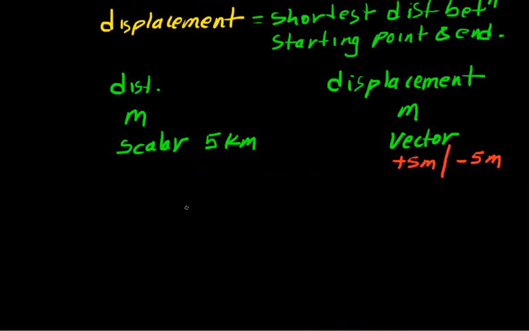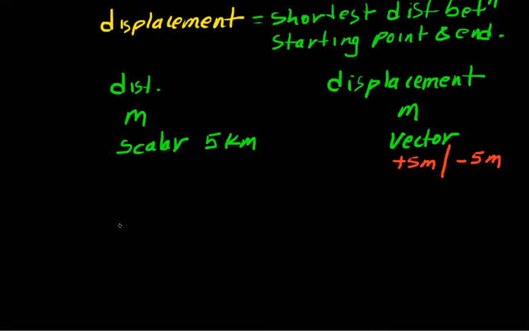Okay, these are the basics about displacement and distance. Now there are more distinctions which we will see in this part. The magnitude of displacement is either equal to the distance or less than the distance. Now, what does that mean? Let's use an example like we did earlier.